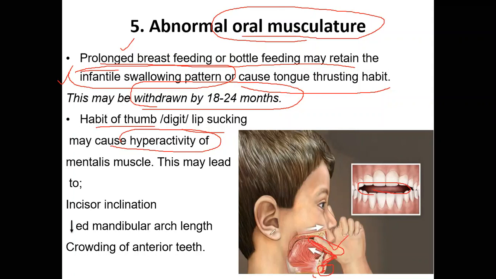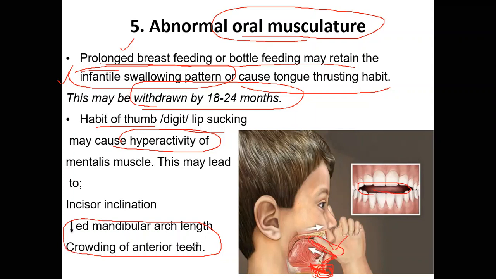Number one, this hyperactive mentalis muscle, due to the thumb sucking habit, will itself apply a pressure over the mandible, and this pressure of the mentalis muscle will lead to crowding of anterior teeth.